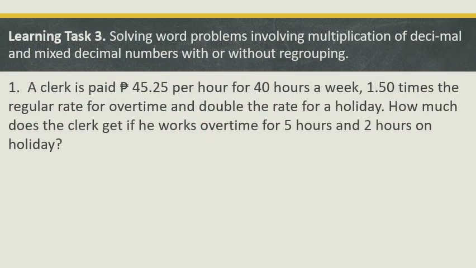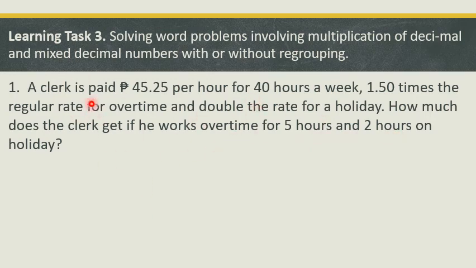Okay, so para naman sa learning task 3, solve natin tong given problem. So, a clerk is paid 45 pesos and 25 centavos per hour for 40 hours a week, 1.50 times the regular rate for overtime and double the rate for a holiday. How much does the clerk get if he works overtime for 5 hours and 2 hours on a holiday?